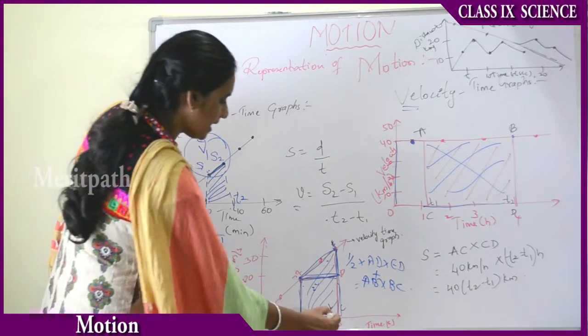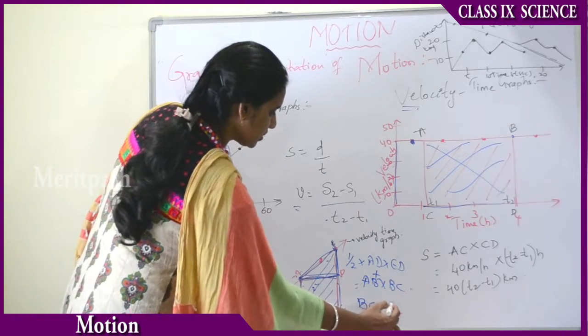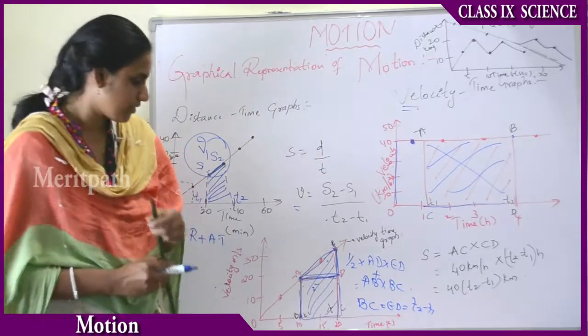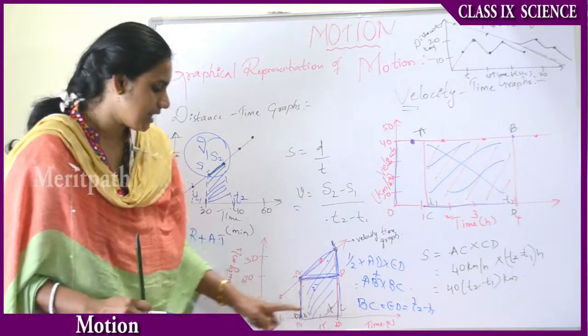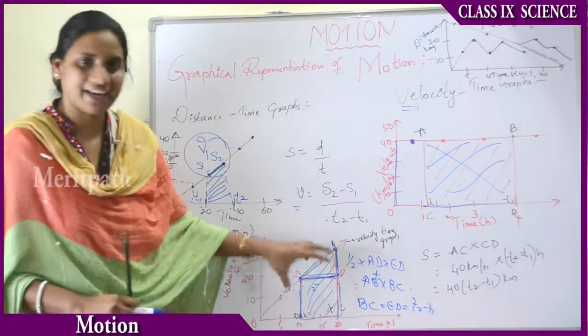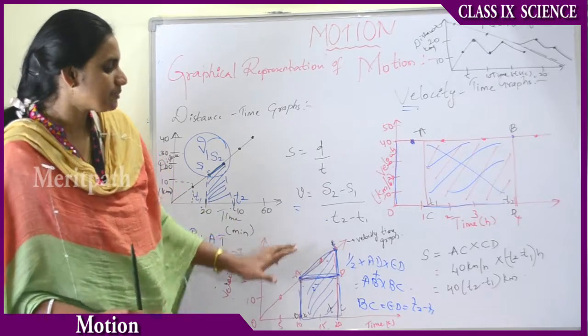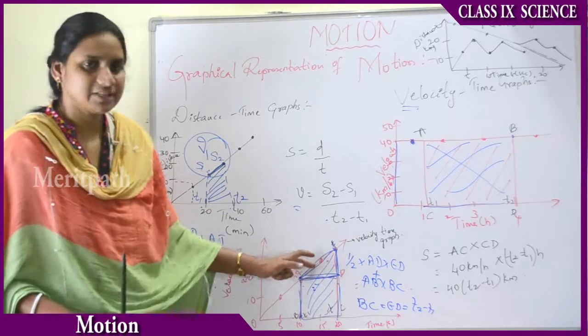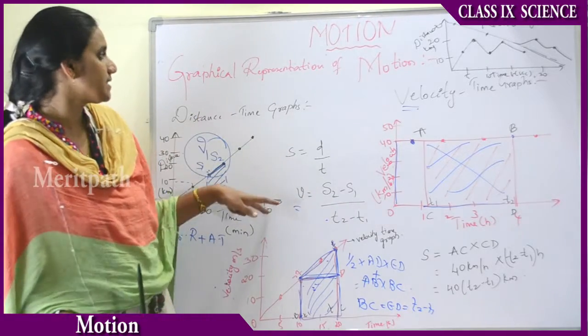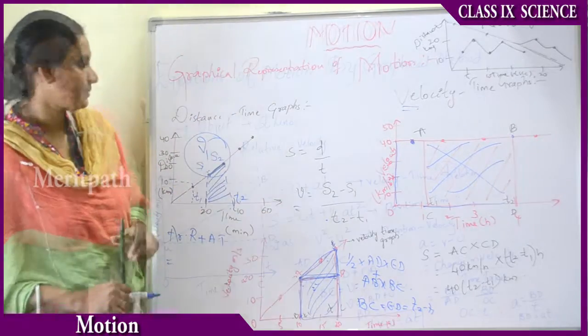Therefore, we can say that BC is equal to ED, that is equal to T2 minus T1, the time taken from initial to final positions. Thus we will be calculating the area under which the car has moved, and thus we will be calculating the velocity, acceleration, and distance as per requirement, right?